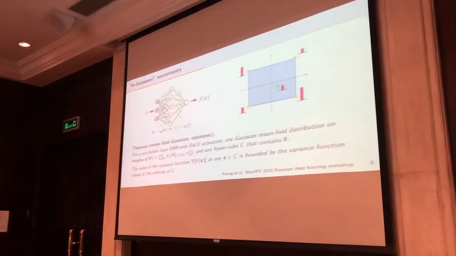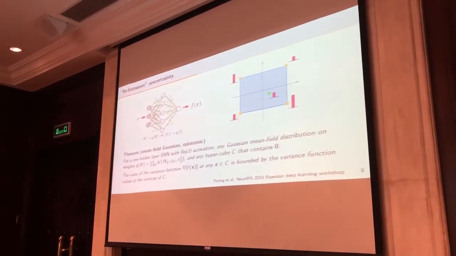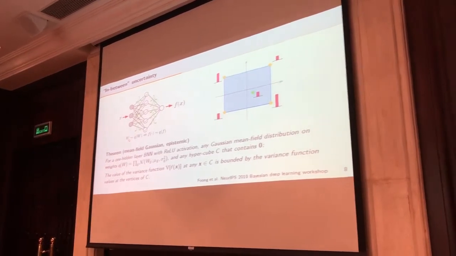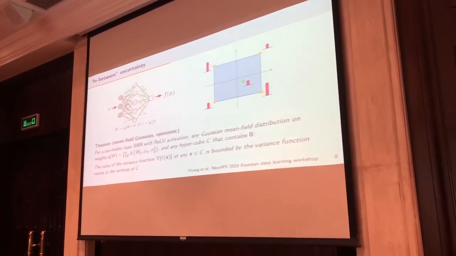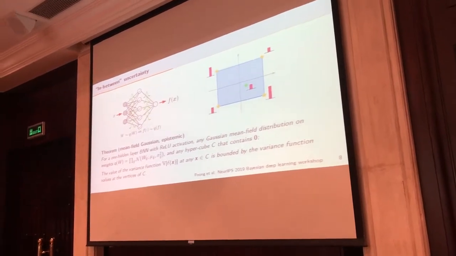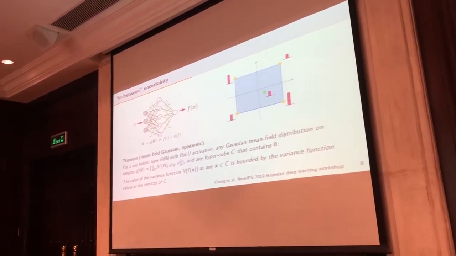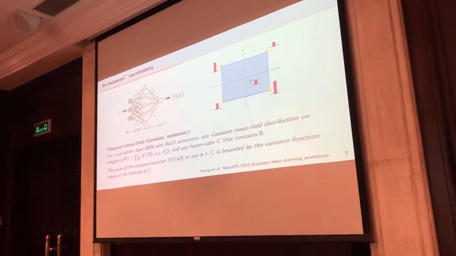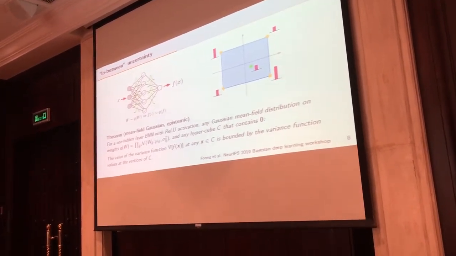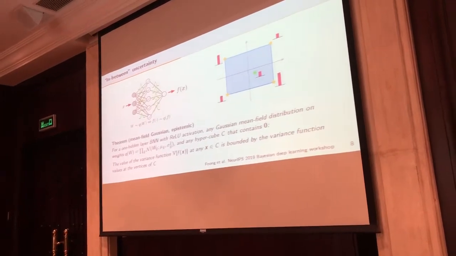So if you use this type of Q distribution in weight space, it naturally imposes a restriction on the uncertainty you can express. You are not going to get arbitrarily high uncertainty in the in-between region. There will be a bound.